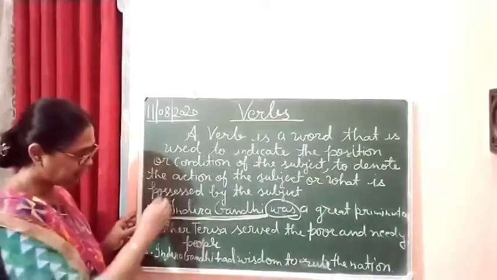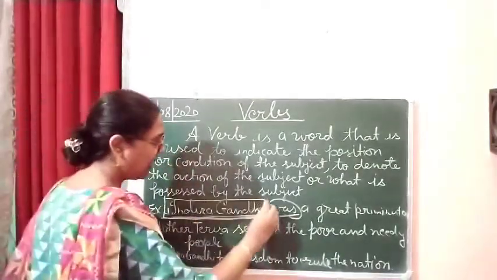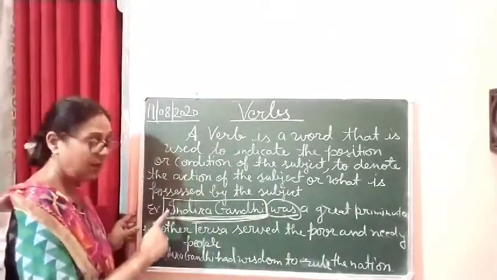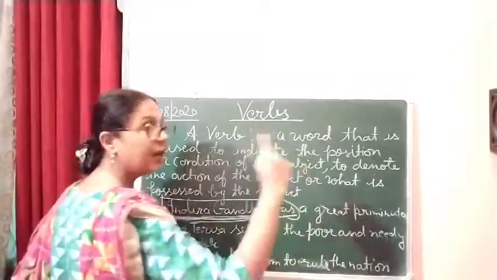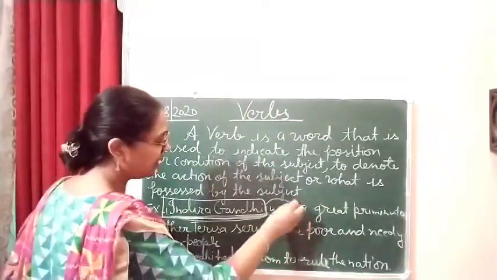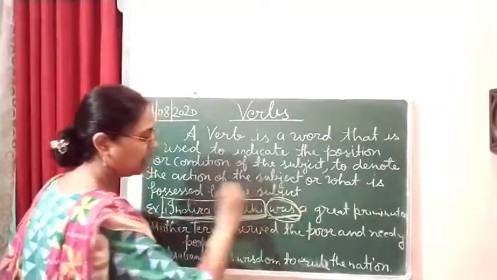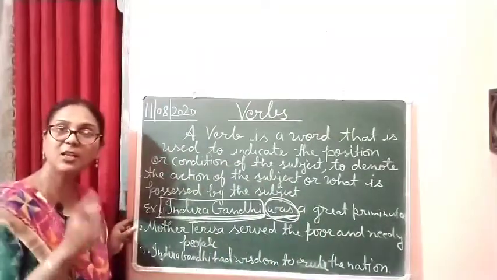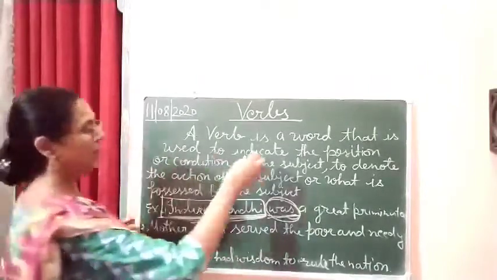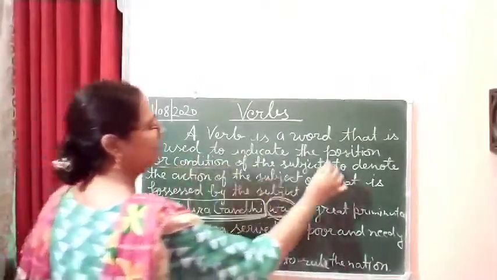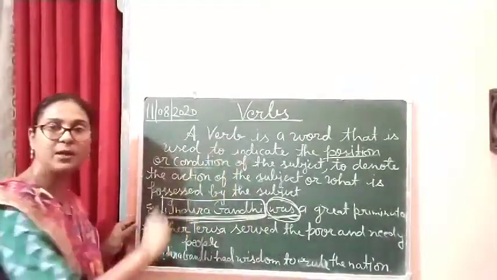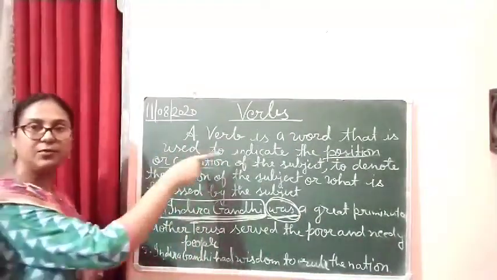Indira Gandhi in this sentence is the subject, and the "was" is showing the position and condition of the subject. This we have solved. Now we are moving to the second point of the definition of verb.